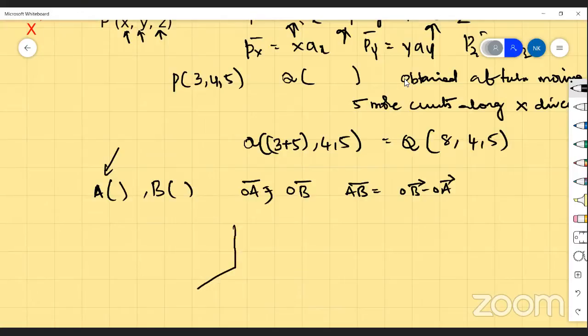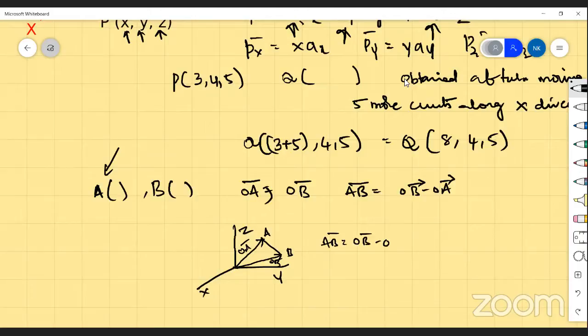Suppose this is X, Y, Z. This is the point B. This is the point A. It's a vector, OB bar, OA bar. Then what is AB bar?